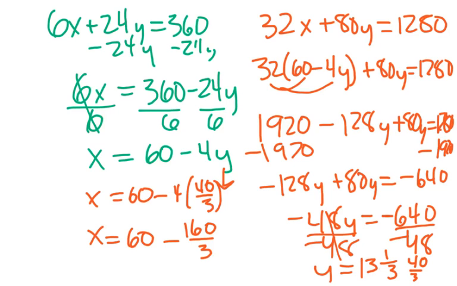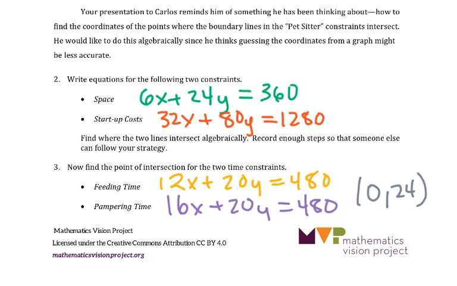So 60 minus that would be about 6 2/3, or 6.6 repeated. So we'd end up with 6 2/3 and 13 1/3, which is pretty ugly. Okay, so honestly, algebraically, I think it's not too fun either. But that's where they would connect.